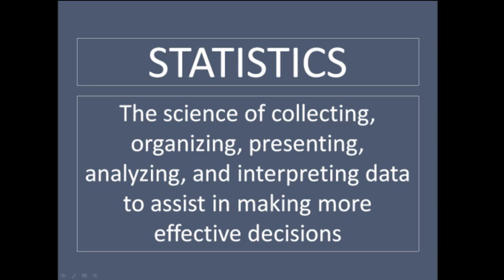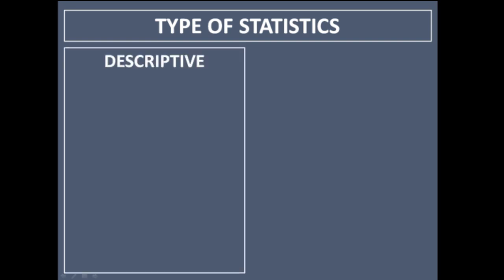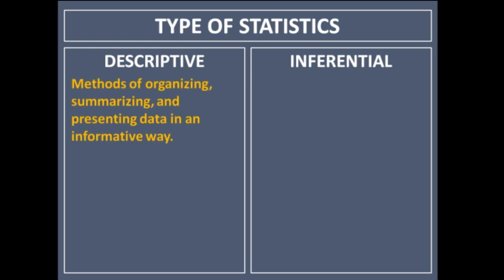And the difference between the two halves of the course is really the two different types of statistics that there are. When we talk about statistics, we may talk about descriptive statistics or inferential statistics. With descriptive statistics, we're taking just a bunch of random numbers and organizing them into something that makes sense, something that we can make an interpretation out of.